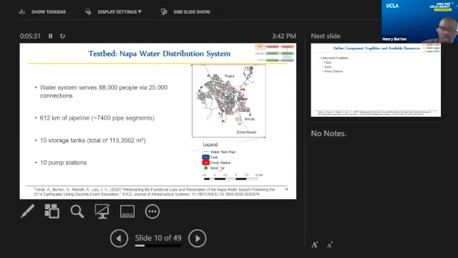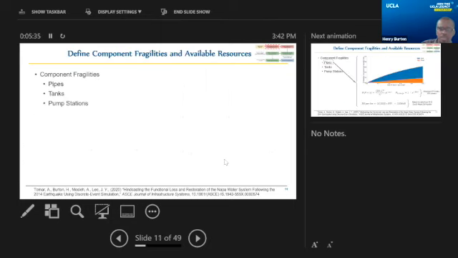There are about 600 kilometers of pipes, 15 tanks, and 10 pumping stations. I mentioned before that the framework we developed is applicable to other types of hazards and also other types of infrastructure systems. But to link the loading intensity, in this case shaking intensity, to the physical damage, we need component fragilities.